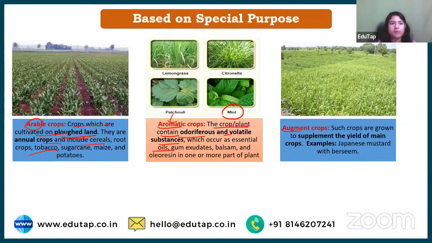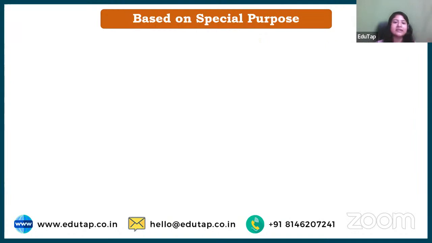There will be a main crop and a supplementary crop added to increase its volume, which will not interfere with its purpose. This same example can be taken for fodder crop. I have grown Japanese mustard, but with that fodder crop I have added some berseem to it, or the other way around, berseem grown with Japanese mustard. That will be your augment crop, just to increase the main yield.